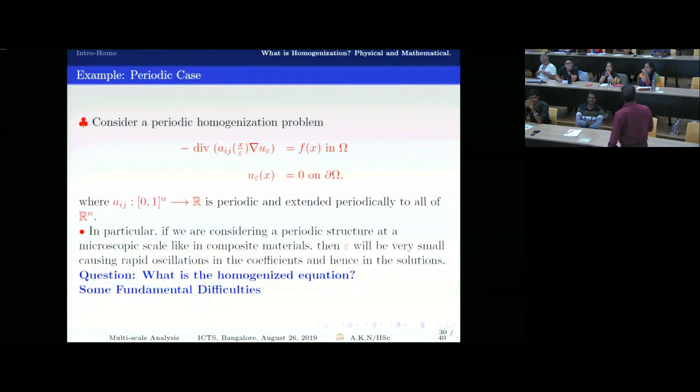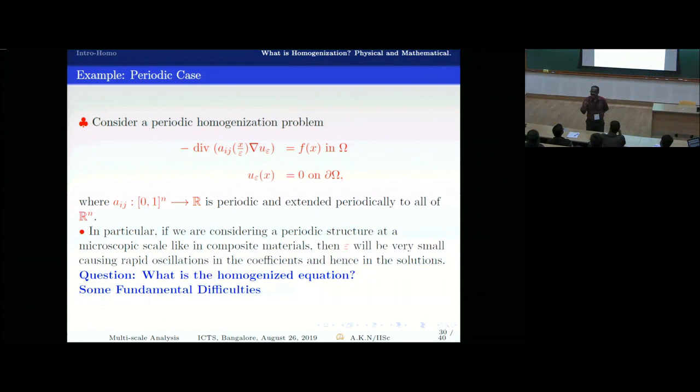Sometimes you may have difficulty, but look at this coefficient. What is the information given to you? Just think that it's a mixture of two materials. In that case, Aij takes only two values. Suppose two materials have conductivity alpha and beta. So Aij takes alpha or beta. The problem is that because of the microstructure, the changes are very small, and alpha and beta get exchanged faster and faster.